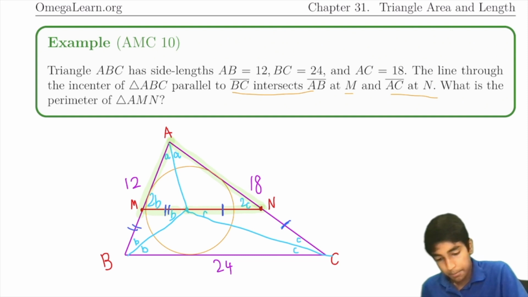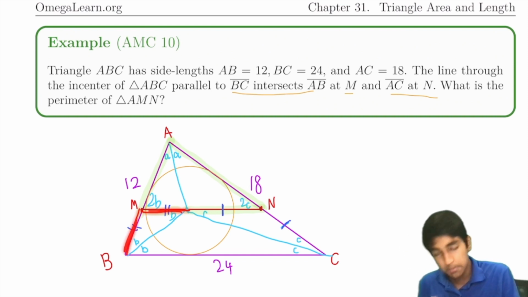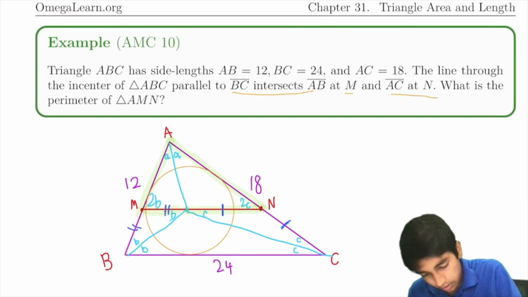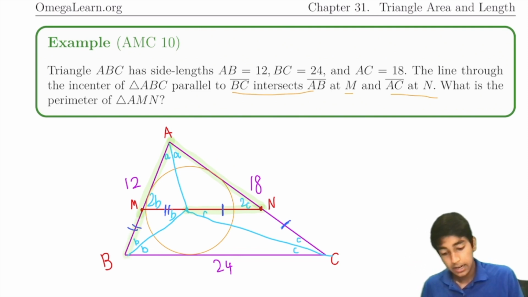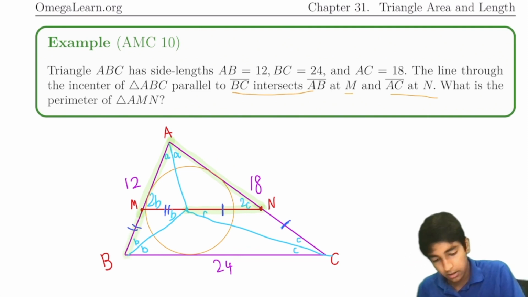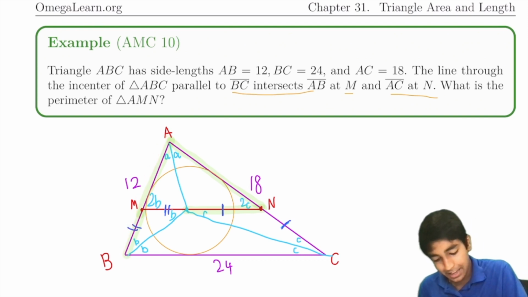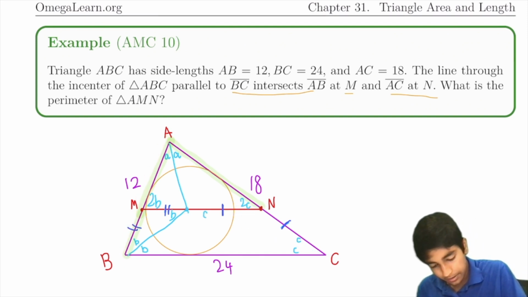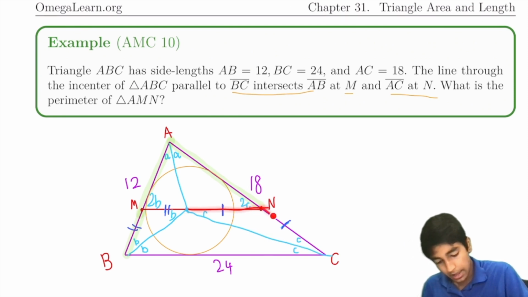Because this length here is equal to this length here, we can move that over there. Let's just completely erase that and make that there. It's still the same length because this length equals that length. So instead of writing AM plus this piece here, it's just AB. And similarly, this piece over here, because those green parts are equal, this is equal to that.